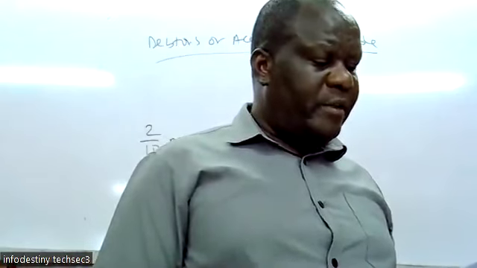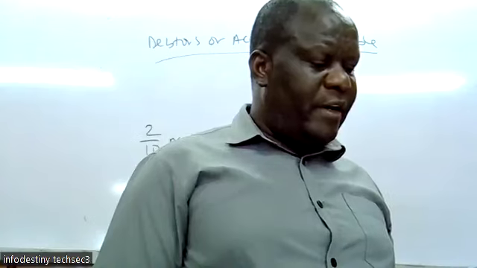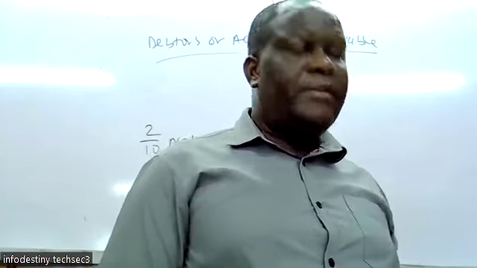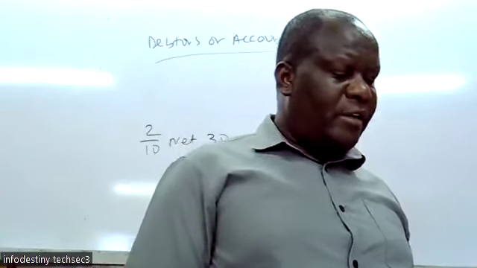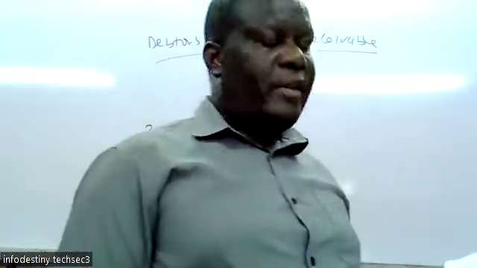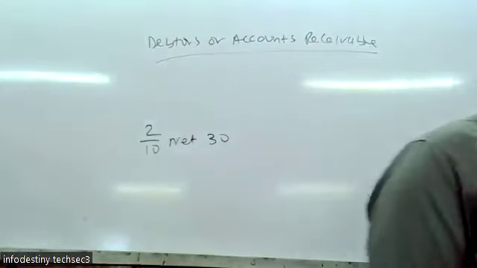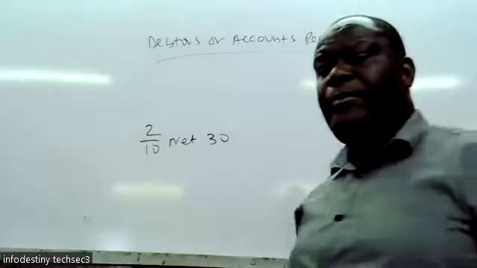Return on investment is 12%. For every 100 shillings of sales, there is how much of variable cost? 75. Assume 1 year has got how many days? 360. So advise the management of Bahati Enterprise on whether to adopt the proposed credit policy.